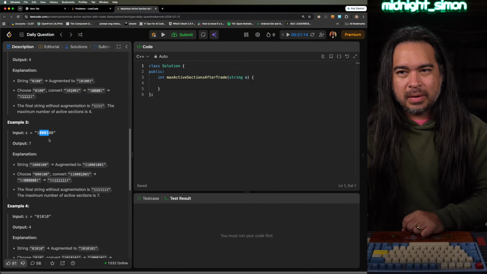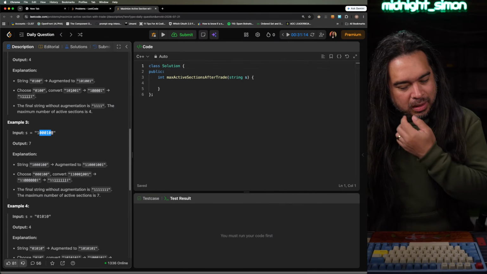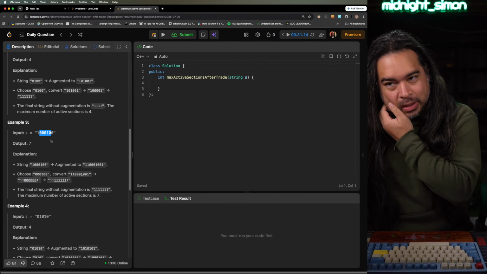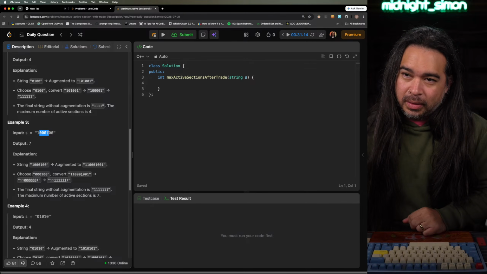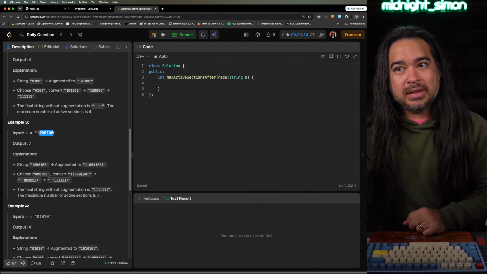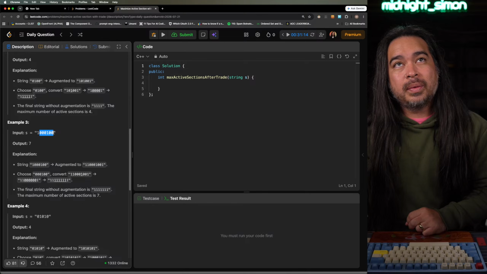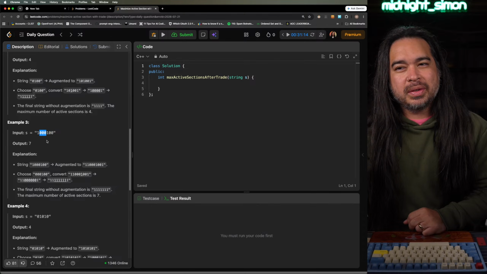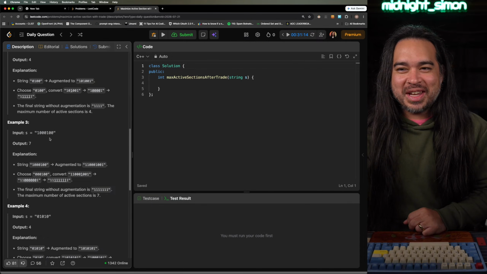But example 3 makes me think that maybe that's not all we need, because I guess ultimately this streak of zeros, maybe it's asking the longest streak of zeros with one streak of ones inside of it.